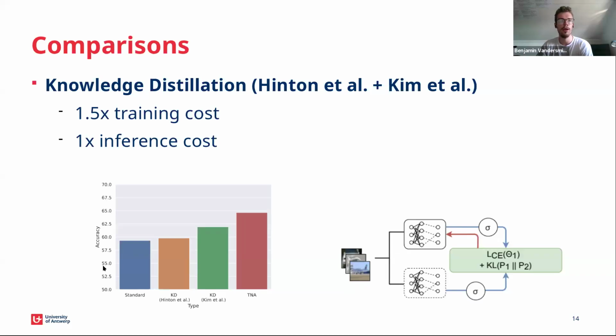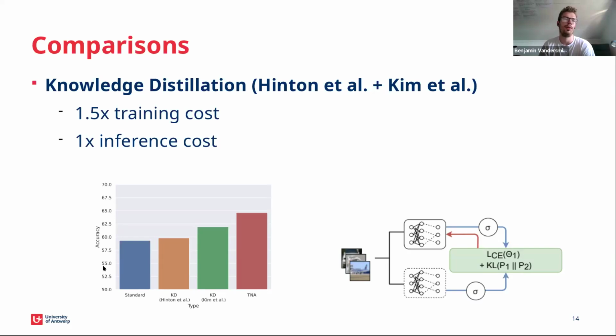And then the knowledge distillation by Kim et al., which uses the logits and matches with the L2 norm, gets better results, which they also mentioned in their paper. And then we can see that our method gets even better results than those. And likely the reason why our method is even better is because in our case, both models are allowed to evolve. And with knowledge distillation, at some point, your student will be better or almost better than the teacher.